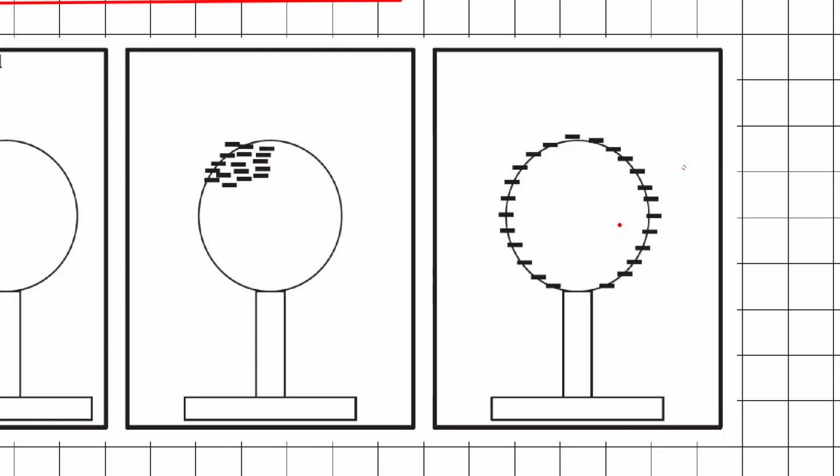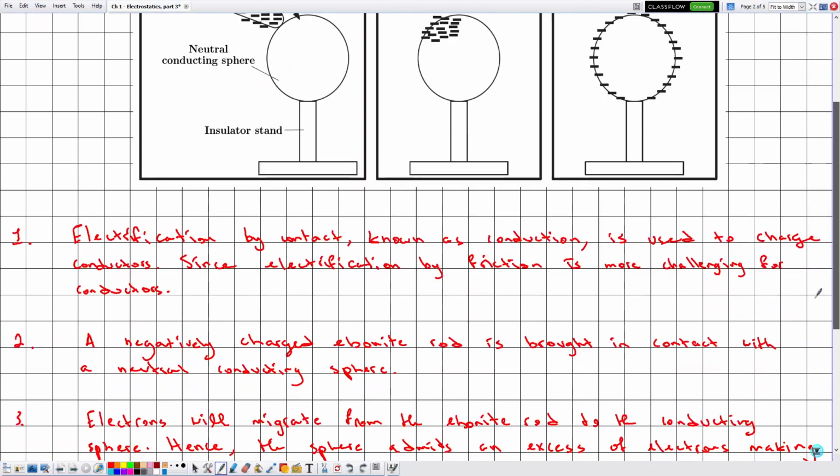Now in this case we can distinguish between two states. This is said to be the transient state, in which electrons are being ejected here and redistribution occurs. Transient means they are in motion, and static means they are at rest, no motion occurs, and they are distributed on the surface of the sphere.